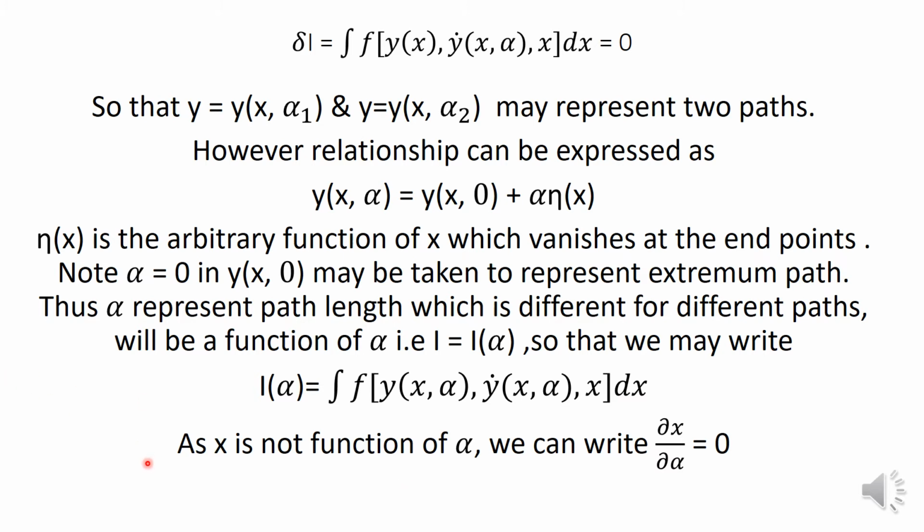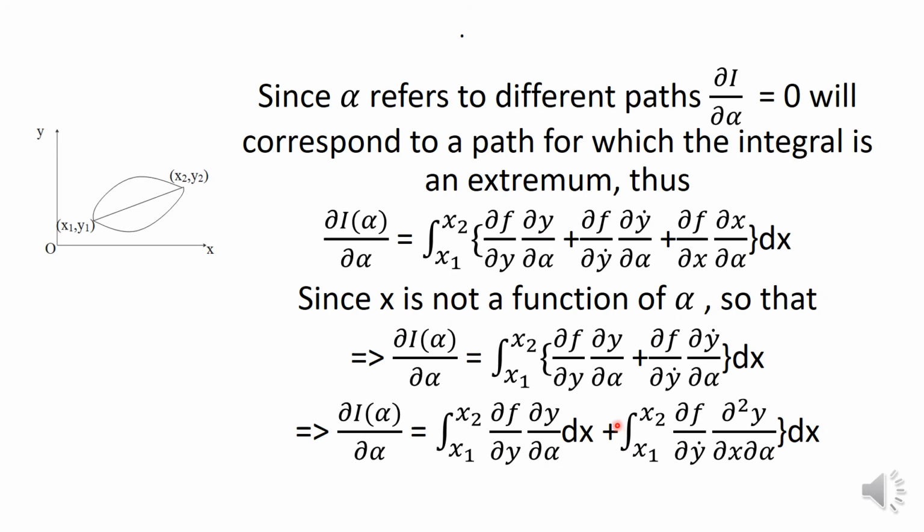Now as x is not a function of alpha, we can write del x by del alpha equals 0. And also since alpha refers to different paths, del I by del alpha equals 0 will correspond to a path for which the integral is an extremum.